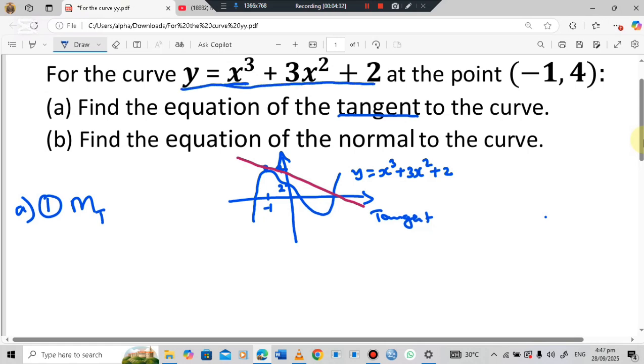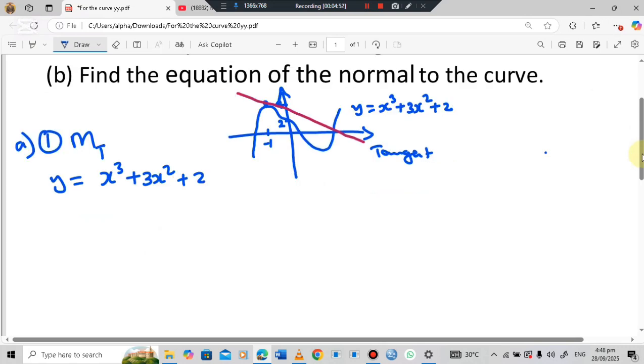The equation is y is equal to x cubed plus 3x squared plus 2. To find mt, we are going to find the derivative, dy/dx, differentiating with respect to x. To differentiate, we multiply the power by the variable x.